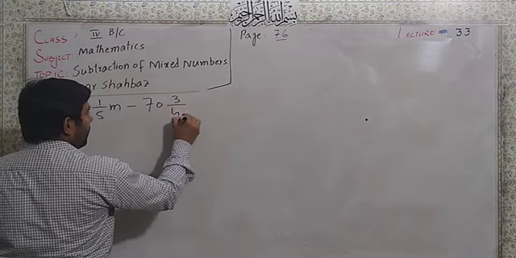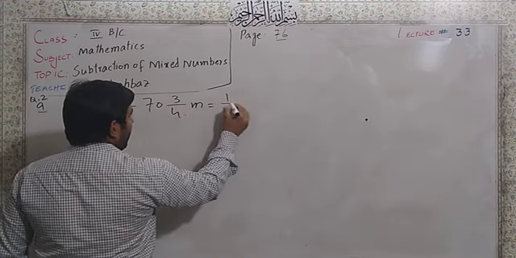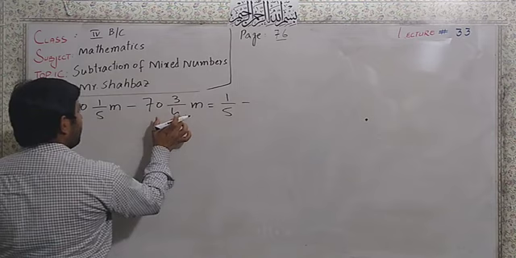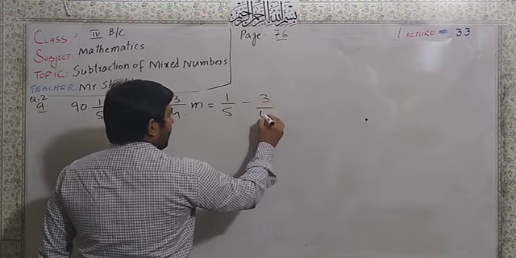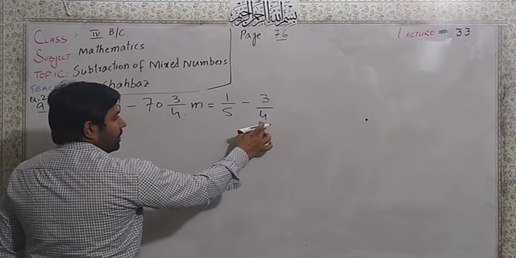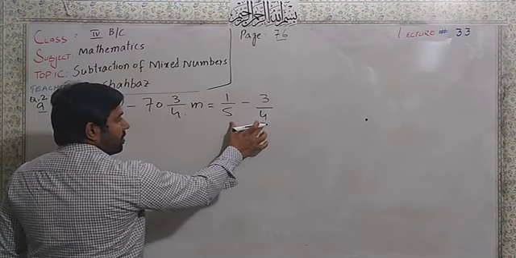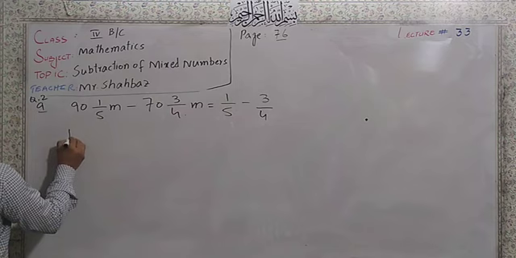We take the fractions, this fraction and this fraction. The first one is 1/5 minus 3/4. We shall make the same denominator. This is 5 and this is 4. So the LCM of 5 and 4 is 20. So we will make this 20 and this also 20. How will we make 20?